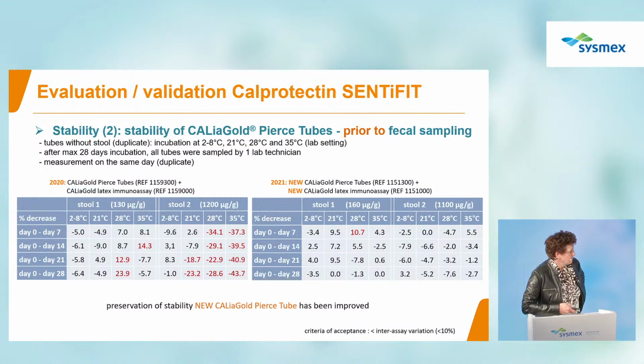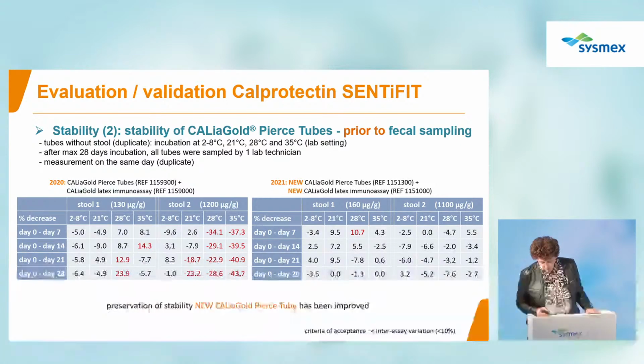So we are very happy with the tubes, which we can keep before sampling at room temperature, even in the summer when the temperatures are sometimes higher, or in the southern part of Europe maybe 28 degrees. So the stability of the new CALiaGold pierce tube has been much improved, and I think that is very good.